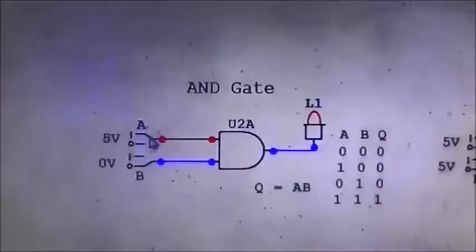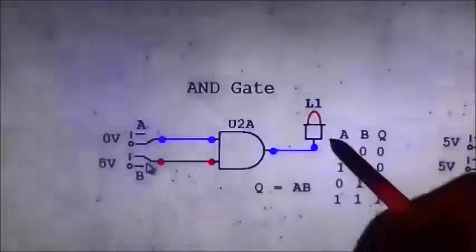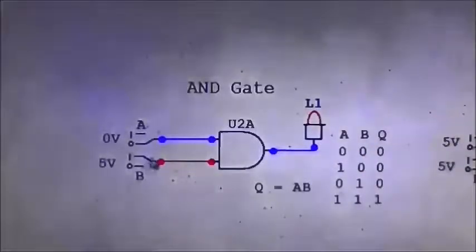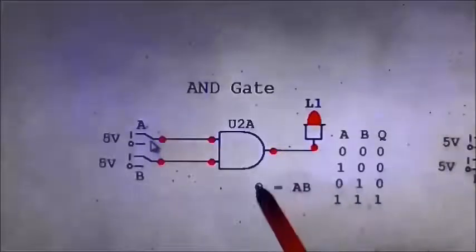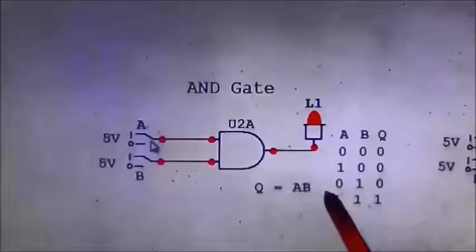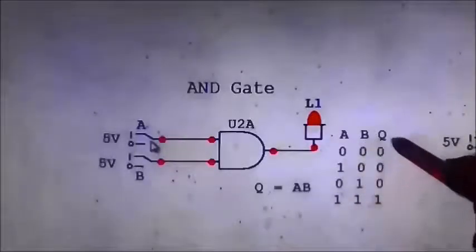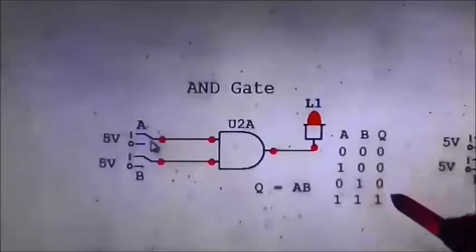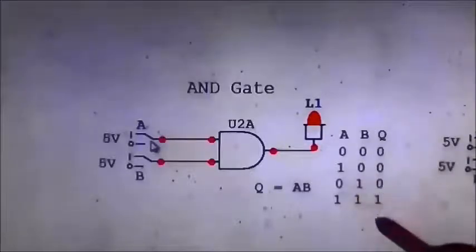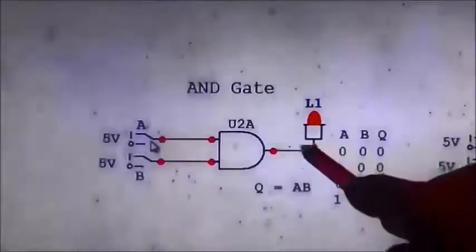If we set A to 0 and B to 1, Q should equal 0, and that's true. And if we set both A and B to 1, Q equals 1. And there's the Boolean expression underneath, Q equals AB, A times B. So 0 times 0 is 0, 1 times 0 is 0, 0 times 1 is 0, but 1 times 1 is 1, and there's the output.